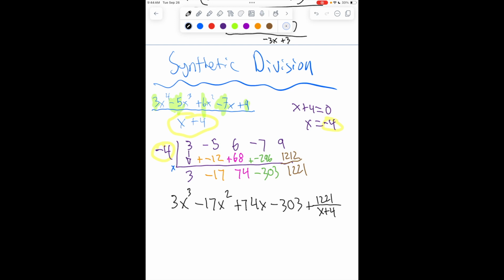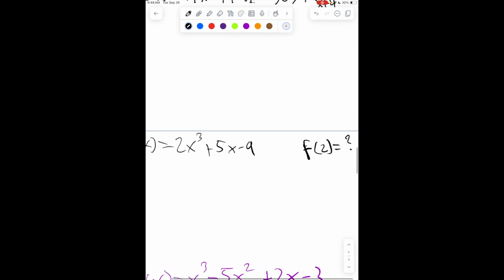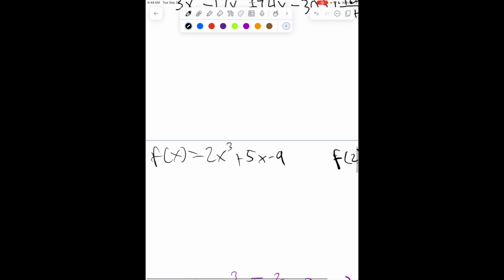This method is called synthetic division. Another application of synthetic division is finding the y value for a specific x value. Look at the function 2x to the 3rd plus 5x minus 9.